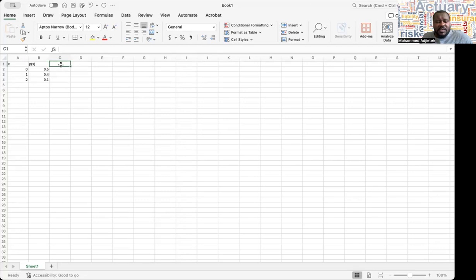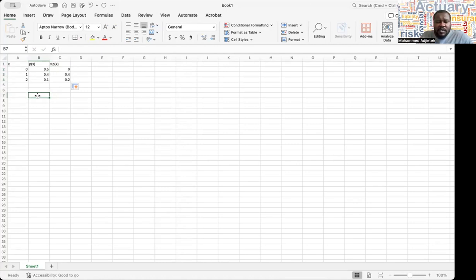What's the formula for the expectation? X multiplied by P of X. I've shown you how to do this in class, so I'll move very fast. It is this times that. So I do equals this times that, and then I just drag down here. I get that. And so I come and put here the expectation.